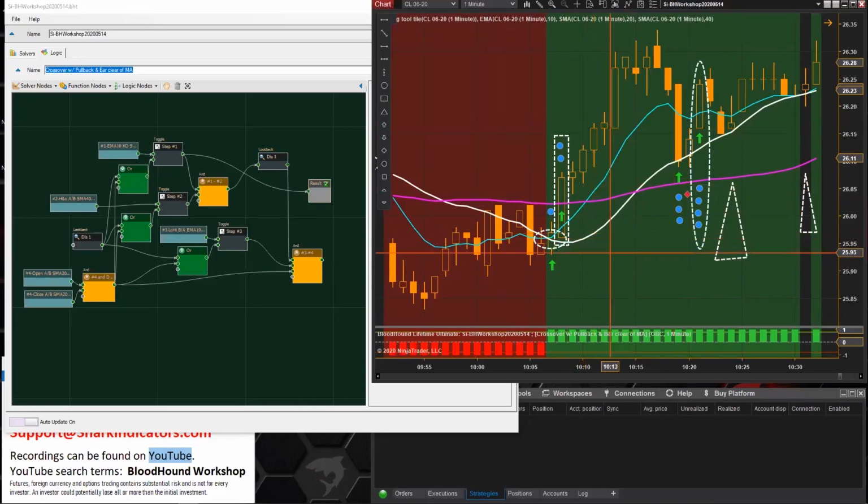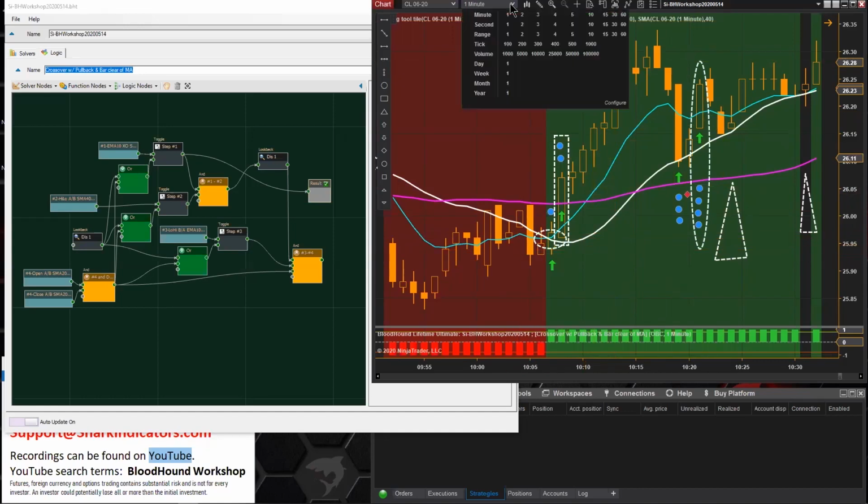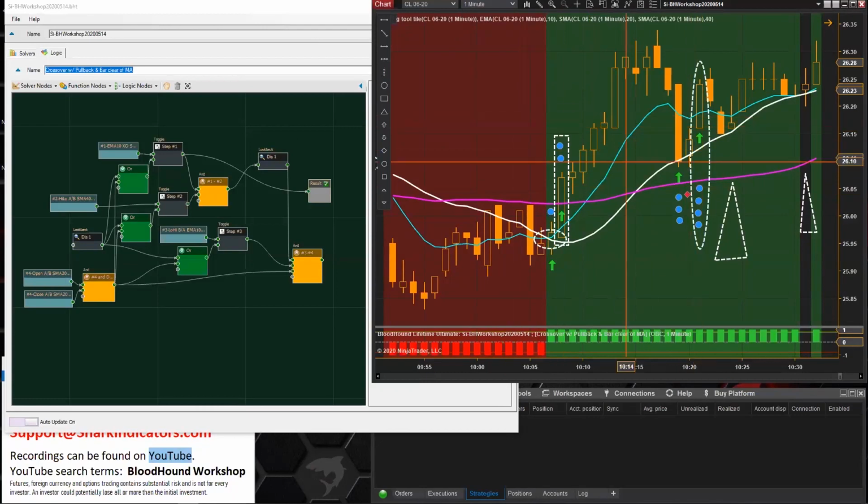So if you're building a system using a minute, tick, or volume chart, you want to actually find these kind of unique situations where one bar might meet multiple rules, so that you can set up your logic properly to account for the randomness that the market can throw at you.